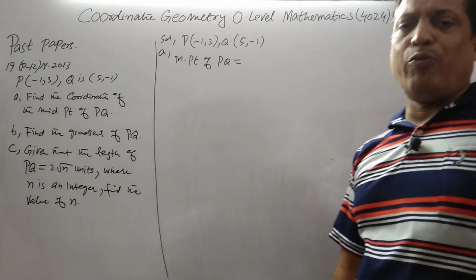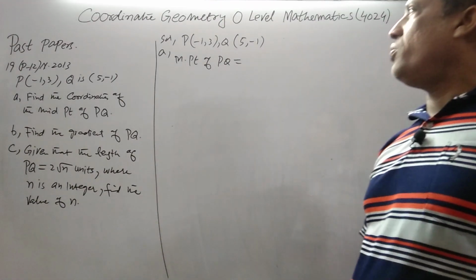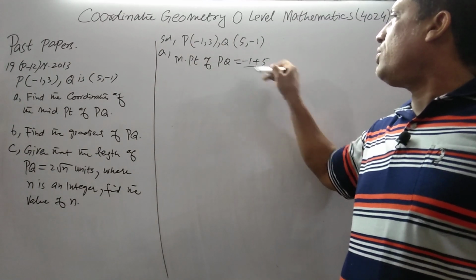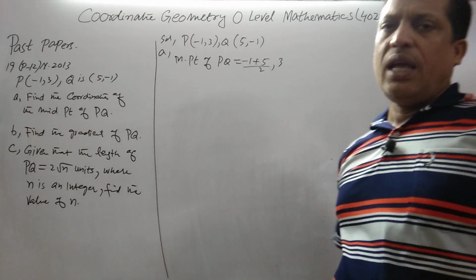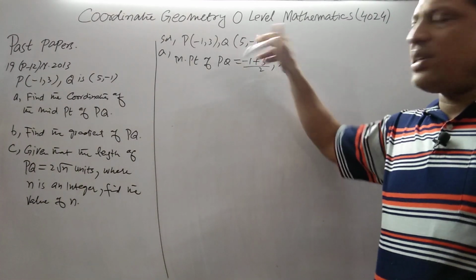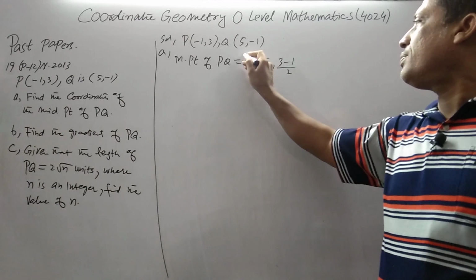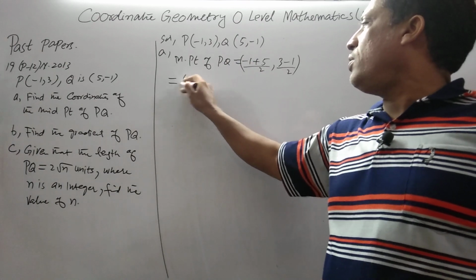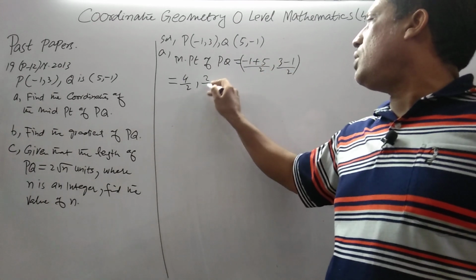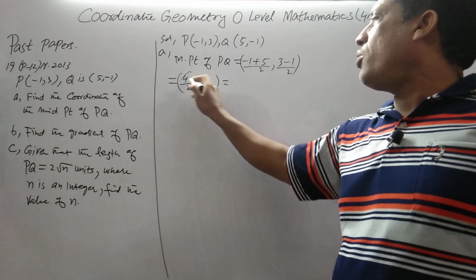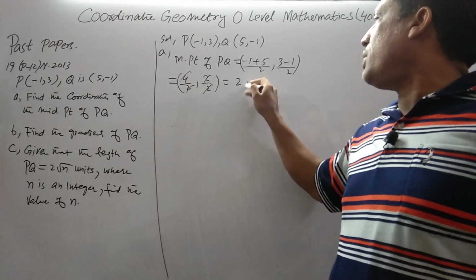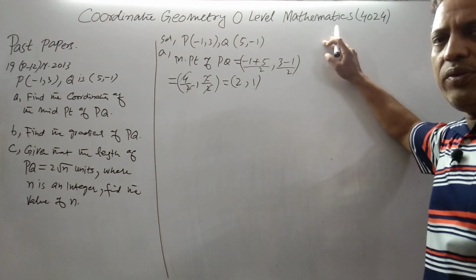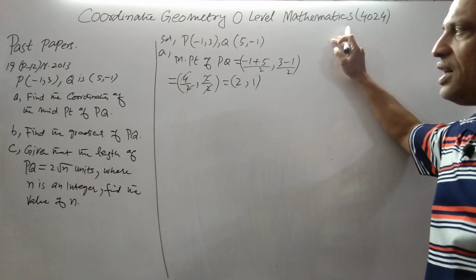What is the formula of the midpoint? (x1 plus x2)/2, x1 is -1 plus x2 is 5 over 2, comma, y1 is 3 plus y2, y2 is minus, therefore plus minus, over 2. 5 minus 1 is 4/2, 3 minus 1 is 2/2, 4/2 is 2 and 2/2 is 1. Therefore, the answer for the midpoint of PQ is (2, 1). This is the answer of part A.